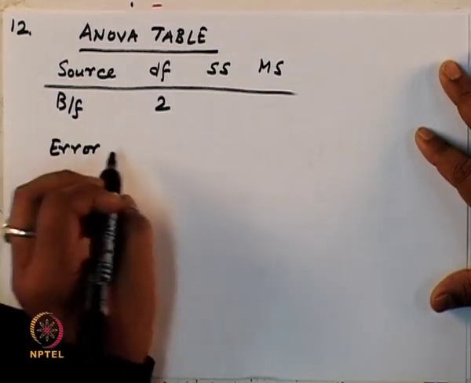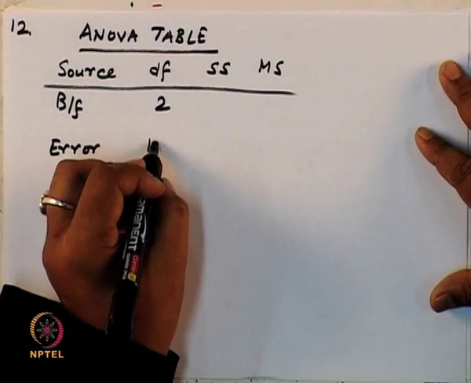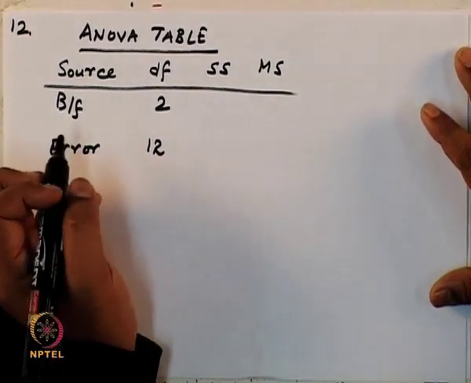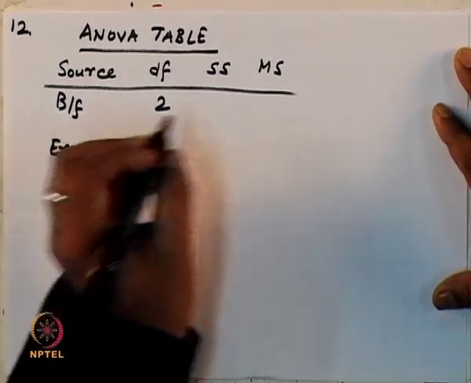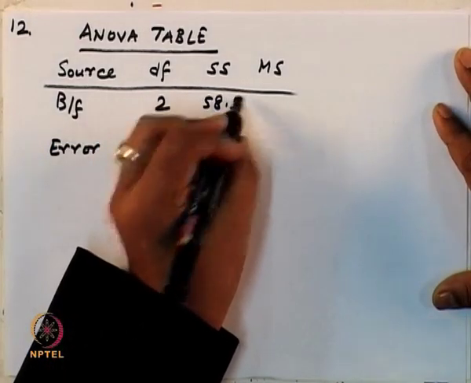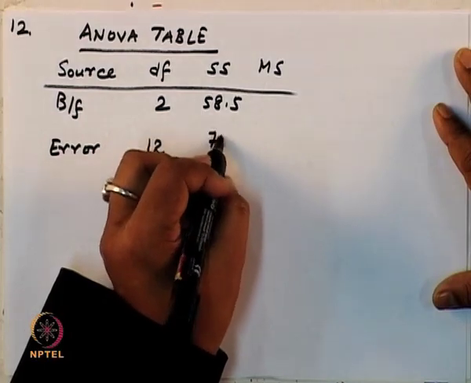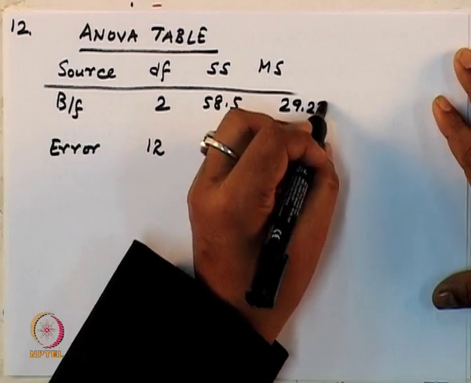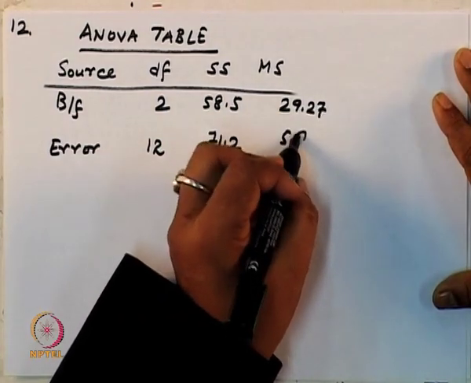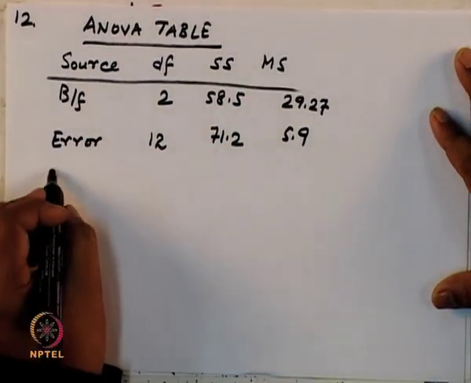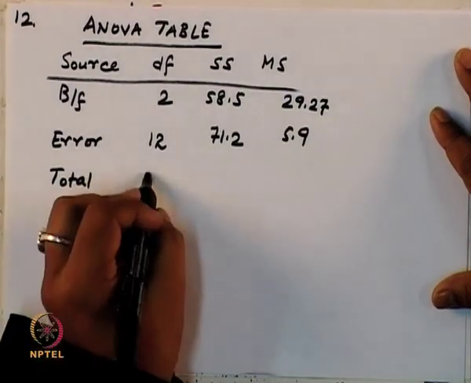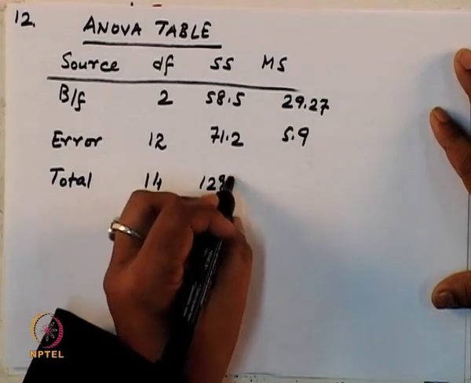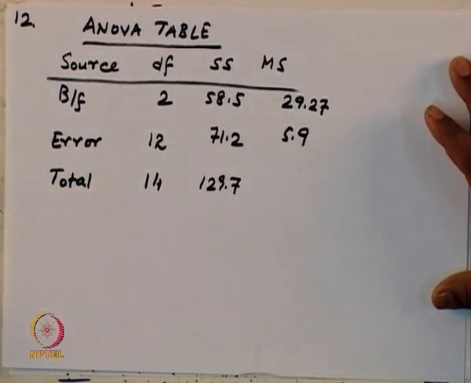For error, you have 12, since n minus k with n equal to 15 gives a value of 12. SS we calculate as 58.5 for breakfast and 71.2 for error. You can accordingly calculate MS and you can do the total. This is 14, and this is 129.7. So, this is your ANOVA table.